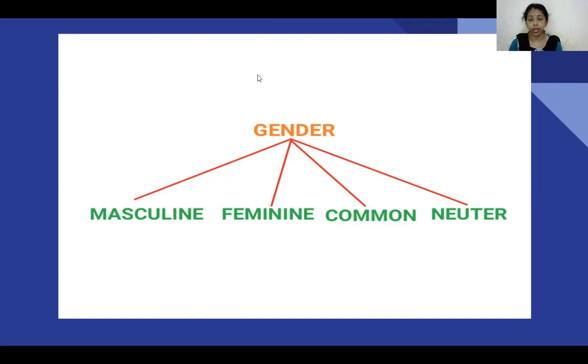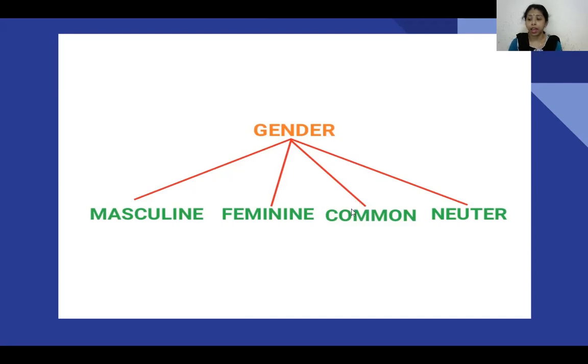In English grammar, all the male human beings and male animals come under masculine gender. And all the female human beings and female animals come under the feminine gender in English grammar.